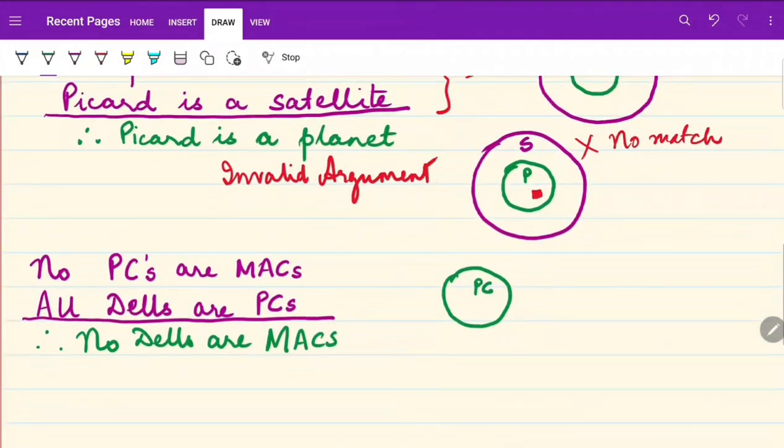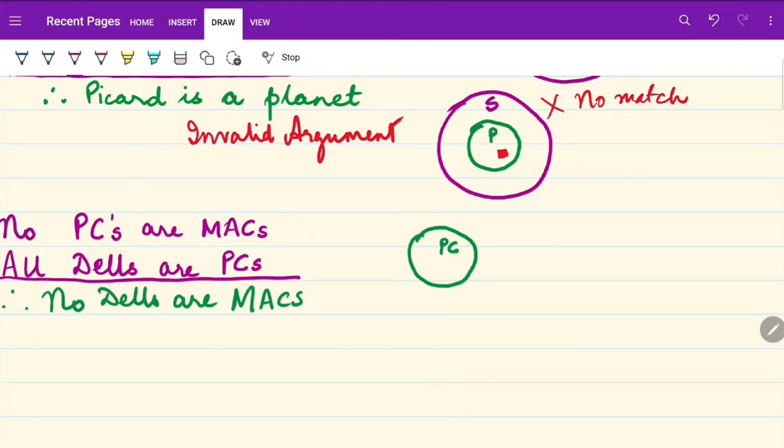So let's go down here. Let's have another circle for Macs, but they have nothing in common. No PCs are a part of Mac. There's no intersection, so they have to be disjointed. All right, they have to be separate circles without any links between the two.